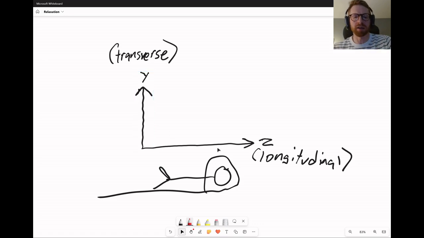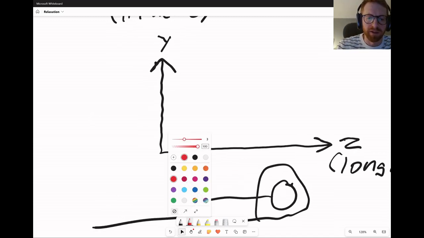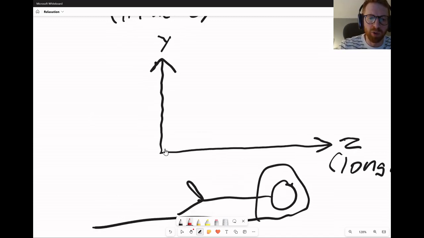So if we're going to define two vectors, let's say we have a vector that is pointed in the longitudinal plane, and let's say it has a magnitude of mz. And then we have another vector that has a magnitude my that's totally in the transverse plane.